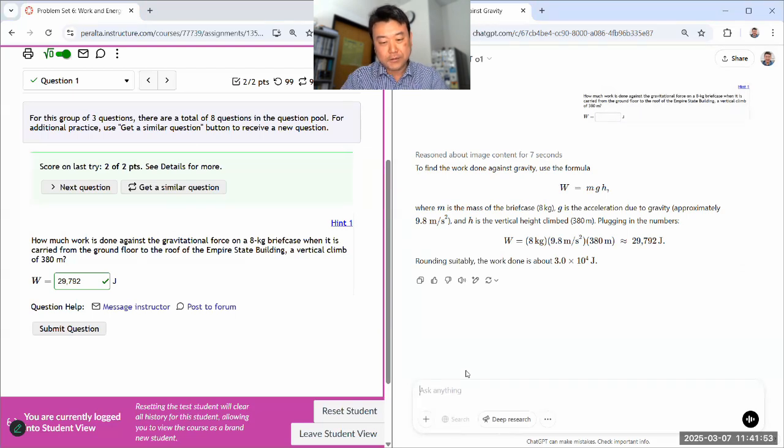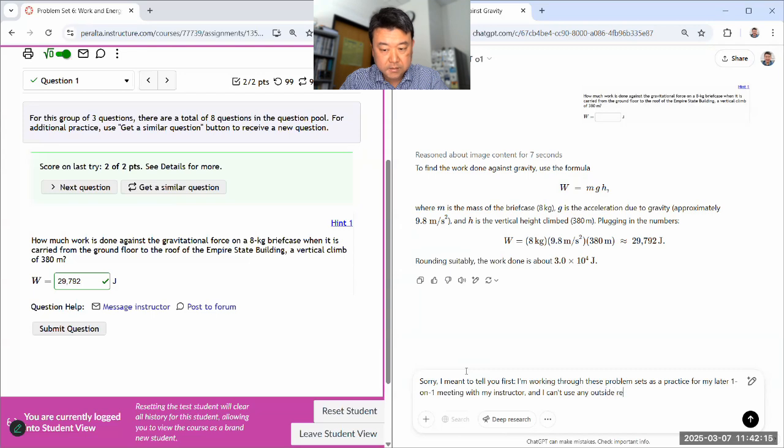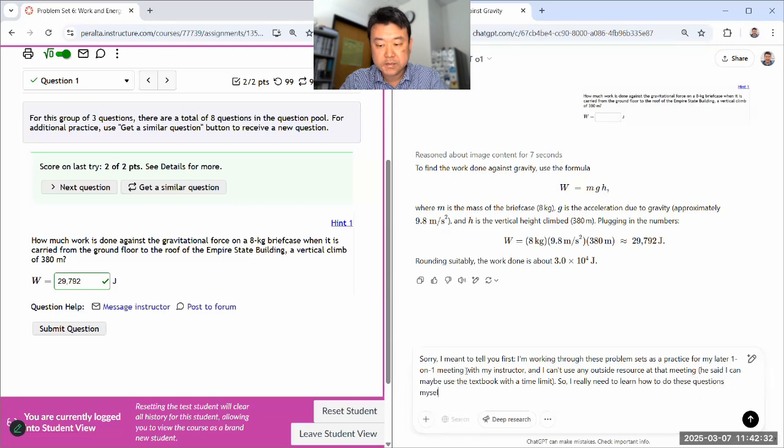So sorry, I meant to tell you first. I'm working through these problem sets as practice for my later one-on-one meeting with my instructor, and I can't use any outside resource at that meeting. He said I can maybe use the textbook with a time limit. So I really need to learn how to do these questions myself.